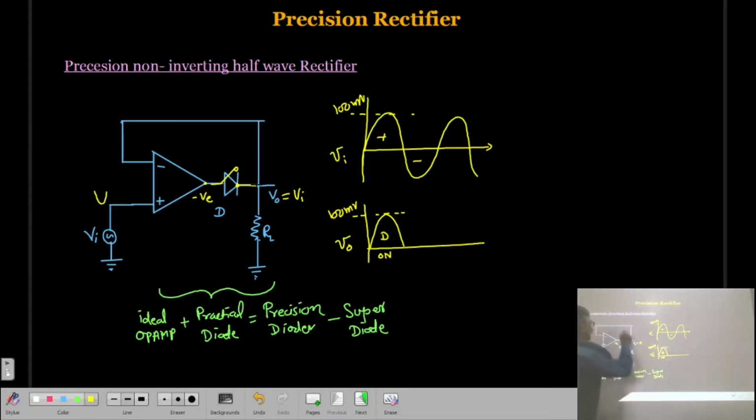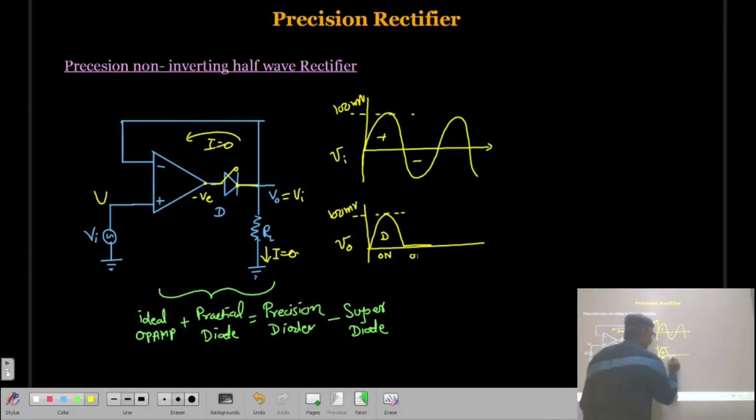So due to this, there will not be a flow of current. Current will be zero. The current in the RL will also be zero. So naturally the output voltage will also be zero. Here the D is in off condition.